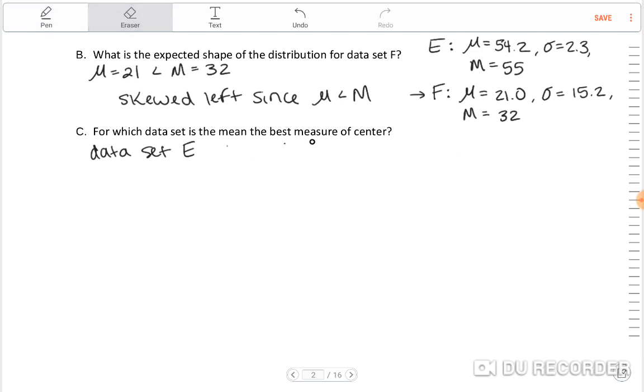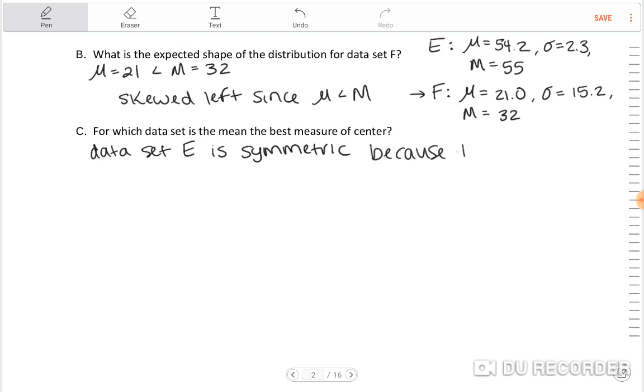I want to say this differently. Okay, my apologies. Data set E is symmetric. There we go. Is symmetric because the mean, well, I'll just write the word mean, is approximately the same as the median.